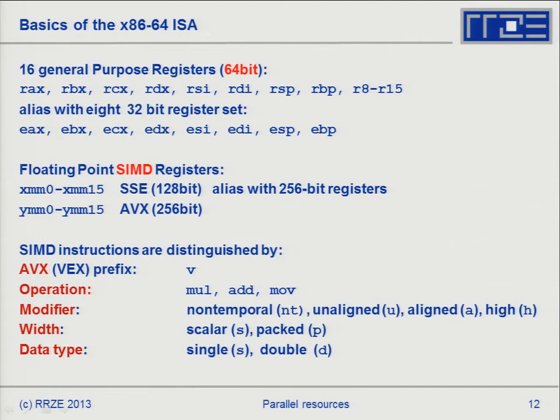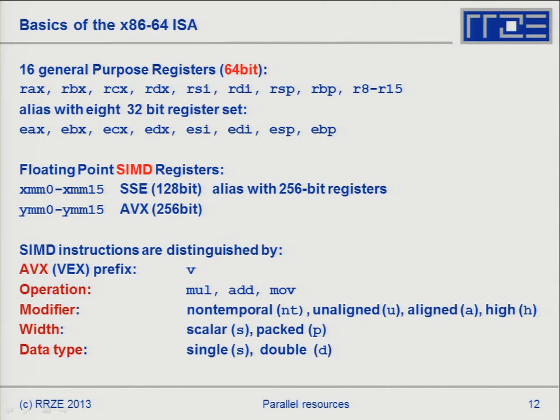And then with the 64-bit extensions came another set of 8, R8 to R15. Okay? The names come from specific purposes for these registers. For example, SI and DI were source index and destination index. RBP is a base pointer. SP is a stack pointer, and so on.